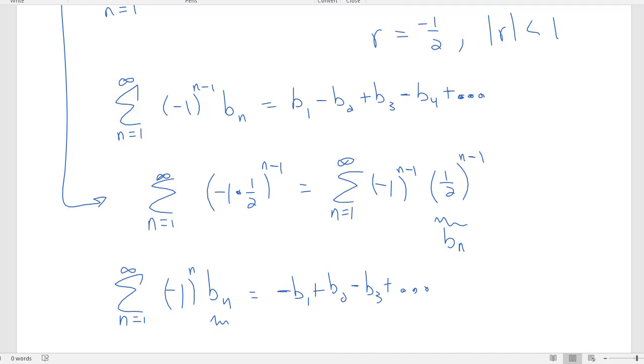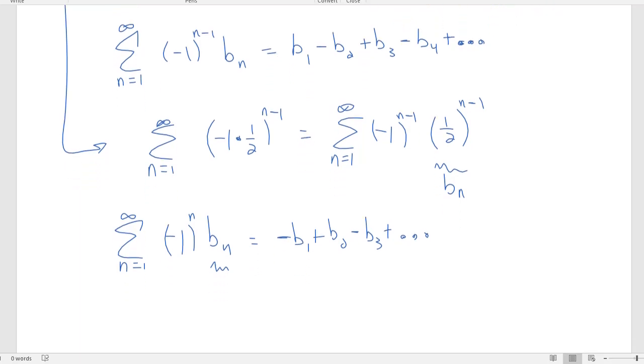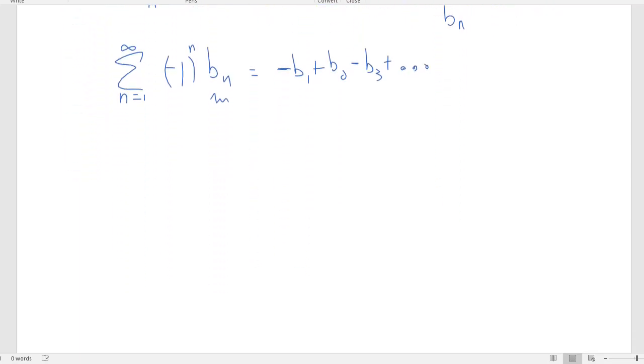So we want to look at the alternating series test. So I'm going to go ahead and write out the statement of the alternating series test, and then I want to look at some examples, and then I want to justify what the alternating series test says, and why we have the conditions.